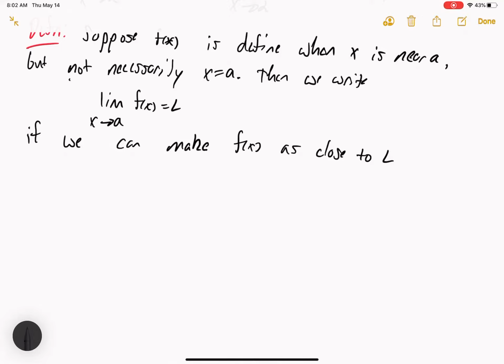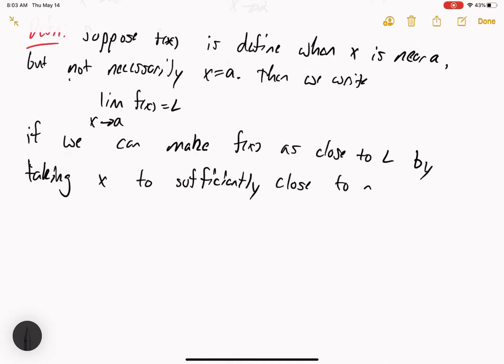We make it arbitrarily close, it doesn't matter, but we can choose that. And then f of x is close to L, and we have to do that by taking x to be sufficiently close to, well, not 2, oops, my bad, close to a. And again, we say but not equal to a.